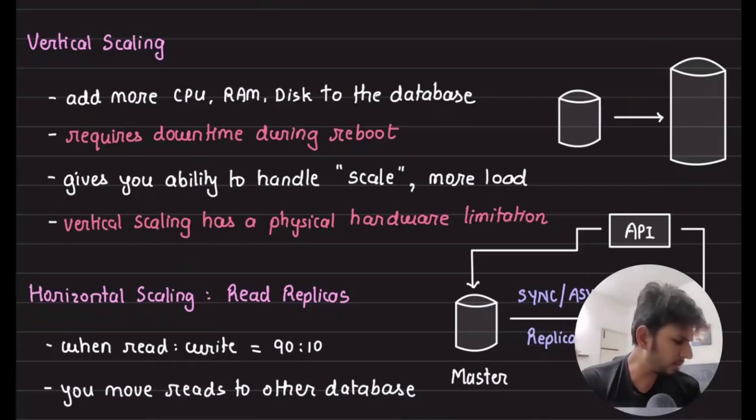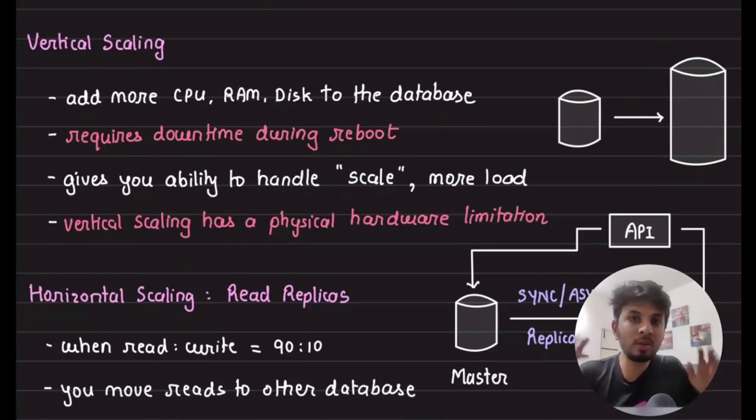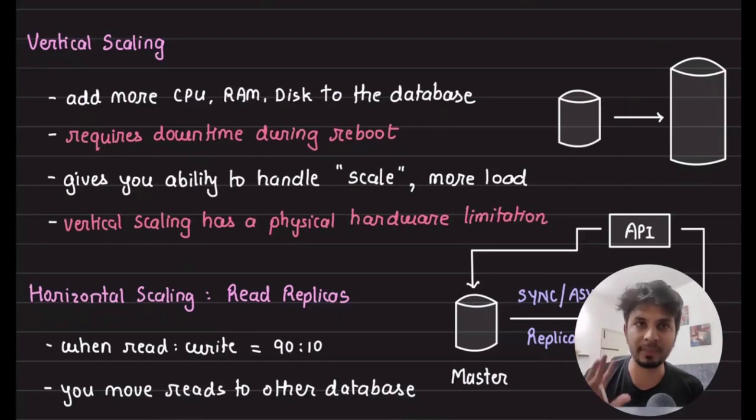But it does give you the ability to handle the scale, or more load, that you are receiving, right? In most cases, it is just 2 or 3 clicks away and you would be able to vertically scale your database.